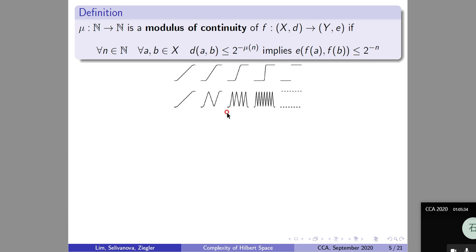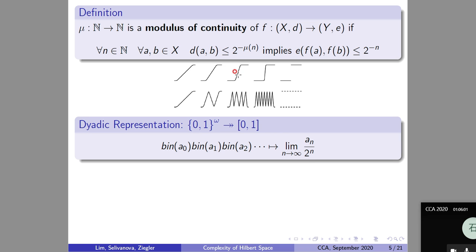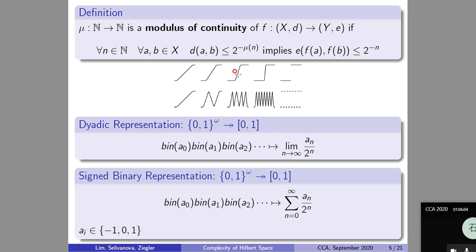Even among the continuous functions, some are more continuous and some less continuous, and these two are almost discontinuous. Modulus of continuity is a notion of measuring how discontinuous a function is. This is also defined using this equation as a function from natural numbers to natural numbers.